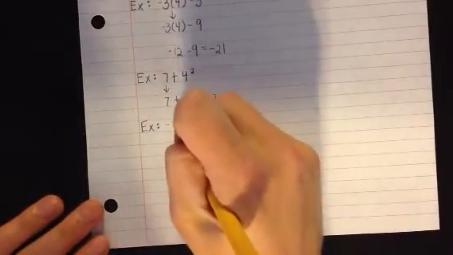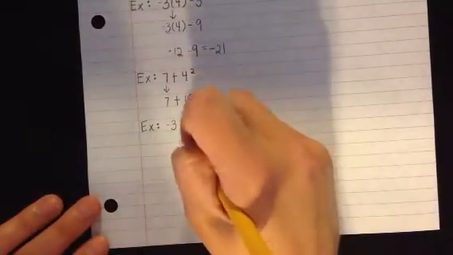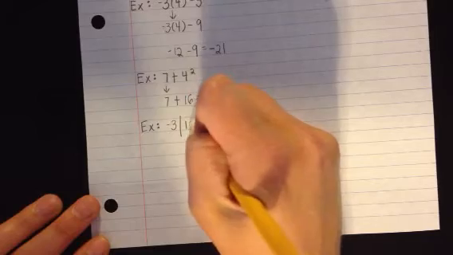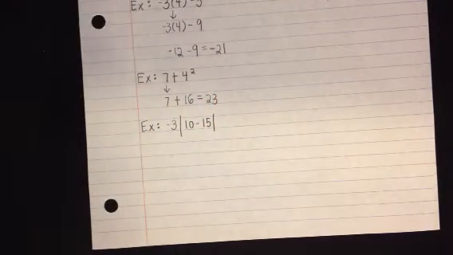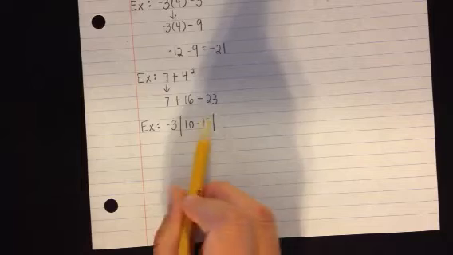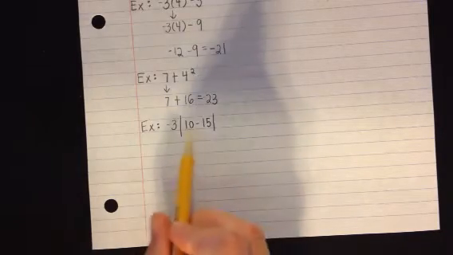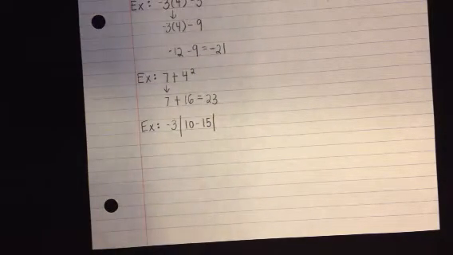Now we've got -3, absolute value 10 minus 15. Close your absolute value. Alright, so I want you to think of absolute value as parentheses. Those are kind of like parentheses there. So we're going to perform what's inside that absolute value first.